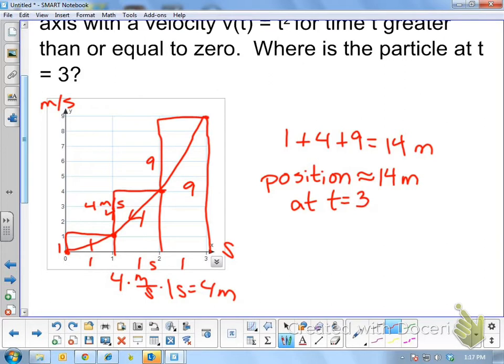I want you to take the same problem and this time do 6 rectangles. So how wide are our rectangles going to be this time? 1/2. 1/2 wide, but the height will change. How are we going to find the height of each of these rectangles? How would I find the height of this little rectangle here? 1/2 squared.